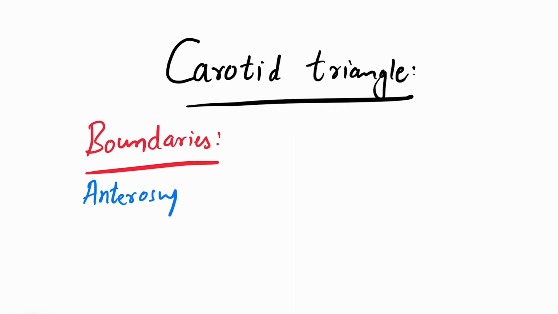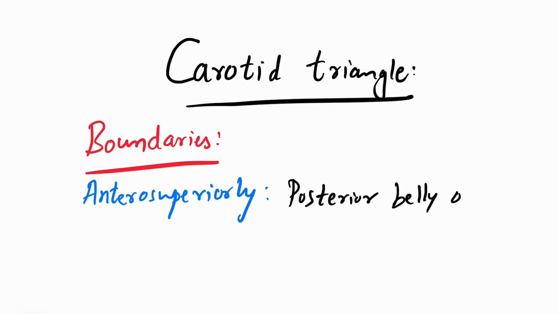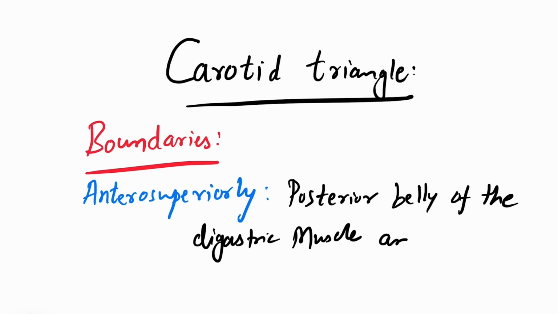So anterosuperiorly it is formed by the posterior belly of the digastric muscle and the stylohyoid muscle. Okay, so let me show you this boundary in the diagram of a neck.